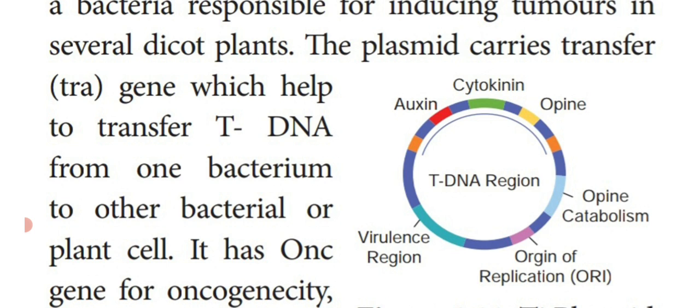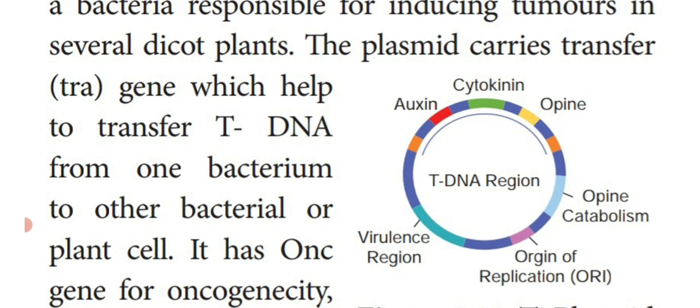Virulence region means that through this region only the disease causing genes enter into the plasmid. Virulent means disease causing, poisonous. Another one is the chemical substance known as opine.